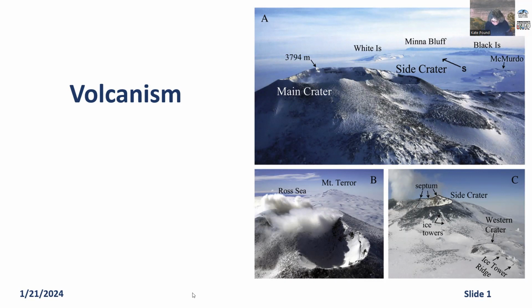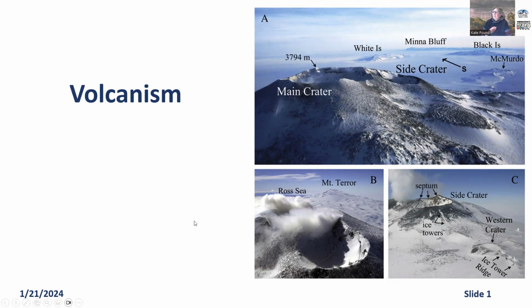So we're talking about volcanism, and I'm teaching a course on Antarctica at the moment. What we're looking at here is an image of Mount Erebus, the southernmost volcano in the world. It's in Antarctica. And the reason I put it up here is a lot of people have this preconception that volcanoes are only in the tropics, in jungles, in places where it's hot and steamy.